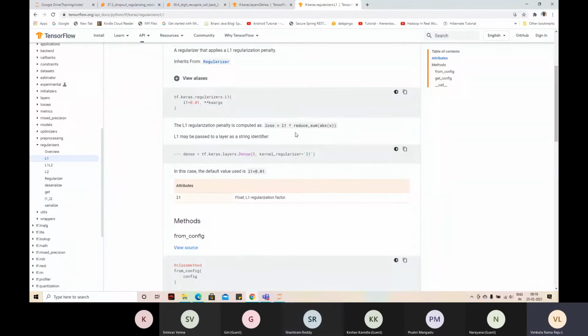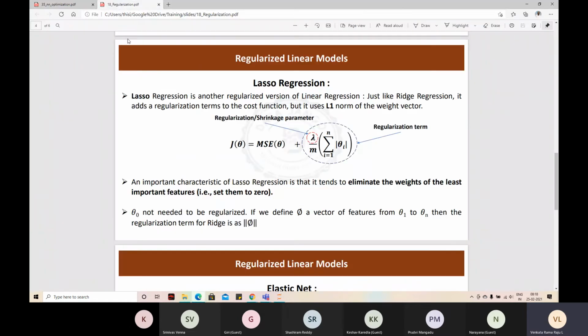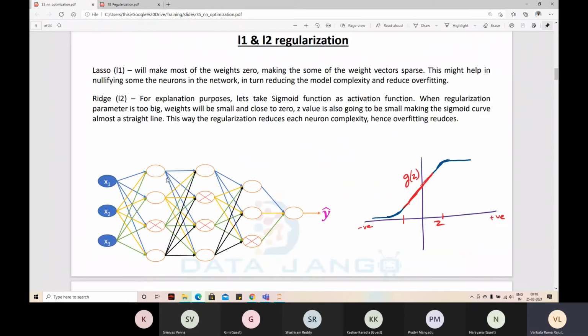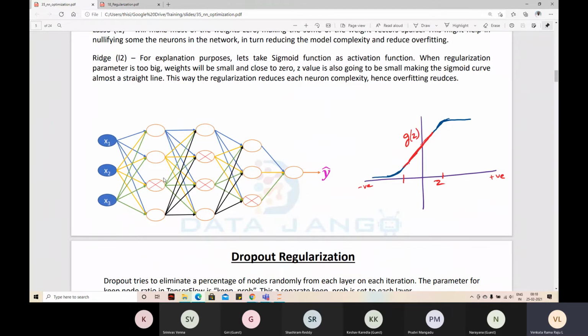So when you apply the L1 loss, maybe that loss will be by default present, and then the penalty. L1 regularization penalty is computed as. So when they say penalty, they're going to add this term to the actual cost, actual loss. Yes. So that's the point. Now I am clear. So I said that there is a kernel regularizer and then an activation regularizer.